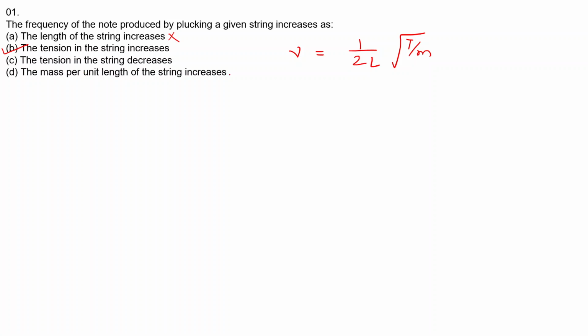Mass per unit length of the string increases: it's in the denominator, so it's inversely proportional, and if this increases, the frequency will decrease. So the only correct option here is that the frequency of the note produced by plucking a given string increases when tension in the string increases.